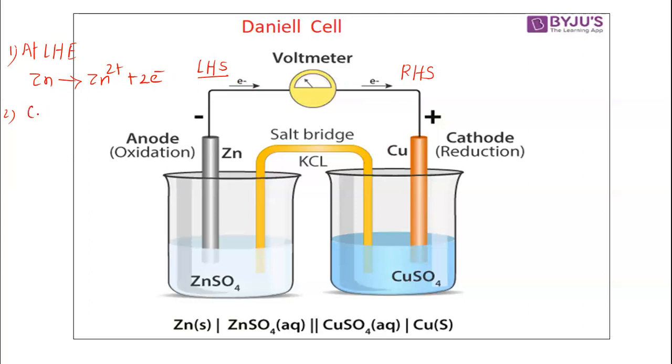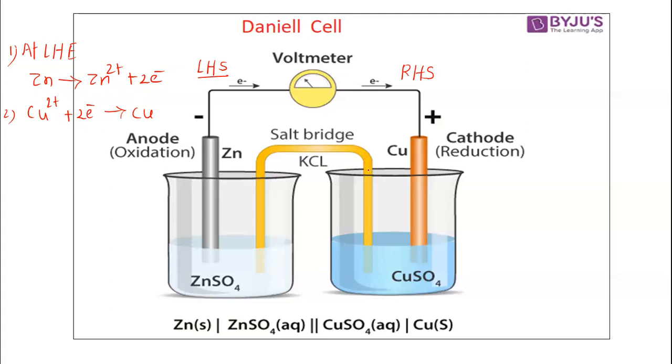These electrons combine with copper dipositive ions, and copper metal is formed. This is the reaction at the right hand side electrode, and it is called a reduction reaction, while the above reaction is the oxidation reaction. Oxidation means loss of electrons and reduction means gain of electrons.